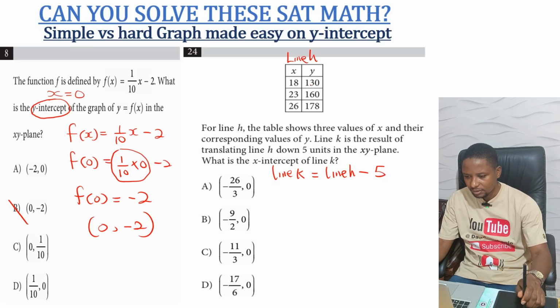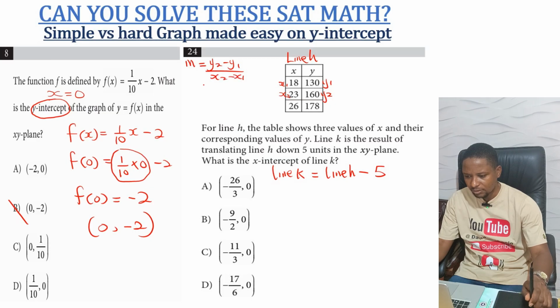You've been given 3 values of x, so call this x1, call this x2. I don't really need the third one. Call this y1, call this y2. And to find the equation, first and foremost, you find your slope, denoted with m, which is y2 minus y1 over x2 minus x1.